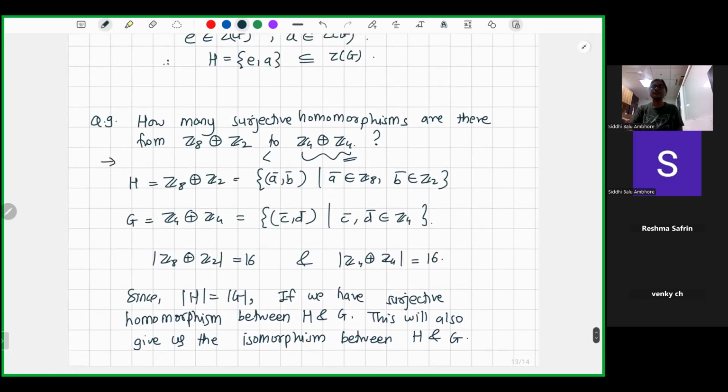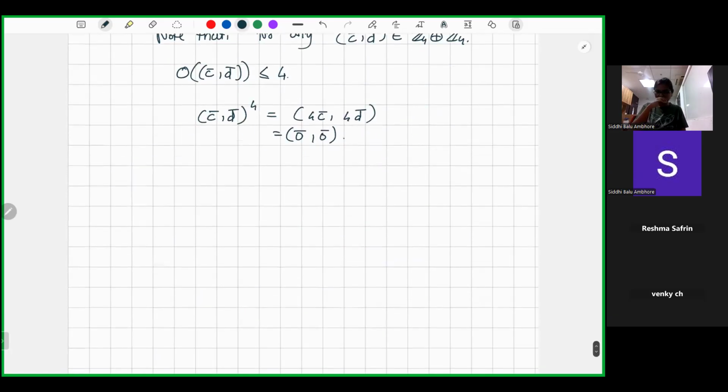But is that the case in this? Is the order of (A bar, B bar) less than or equal to 4 for all (A bar, B bar) in Z8 plus Z2? Is this true? Can you give me an element here which has order greater than 4?